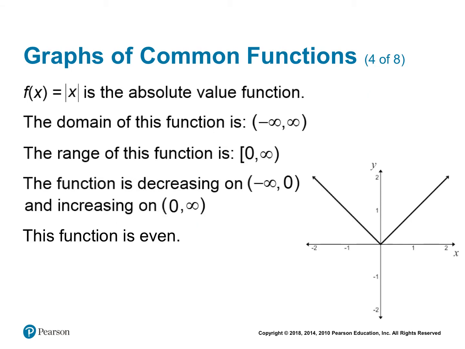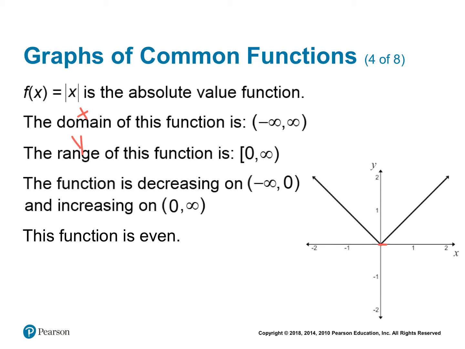Okay, the absolute value of x, you're going to notice, looks like a V. And again, this goes from negative infinity to positive infinity for the x values. The range is just from 0 to infinity. So this is the possible y's. So you notice it starts at 0, but then it goes forever upward.